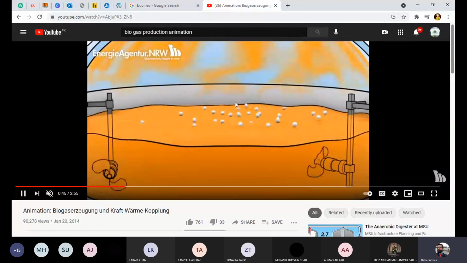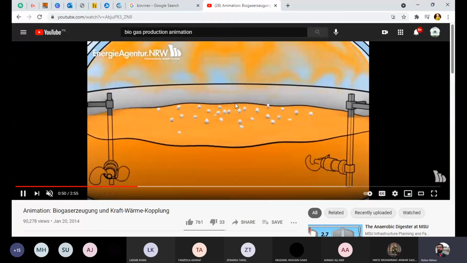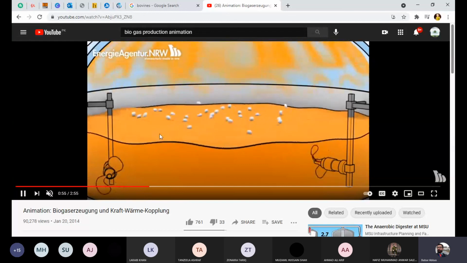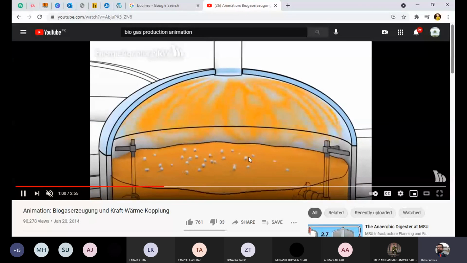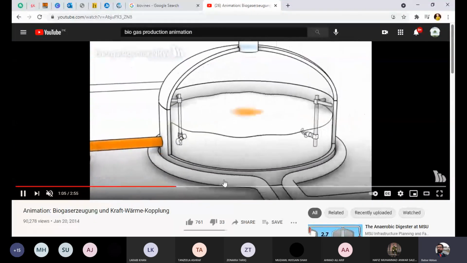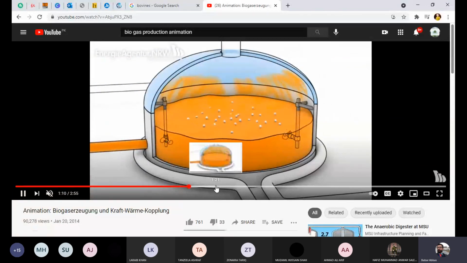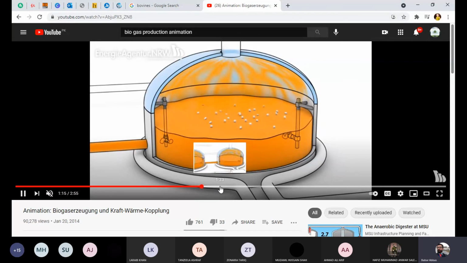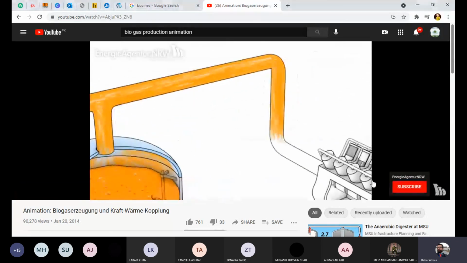It rises to the top of the anaerobic reactor, from where it can be collected, and the slurry or the liquid type waste can be collected from the bottom of this reactor. So all these processes are very helpful in terms of biogas production and natural soil conditioner production.